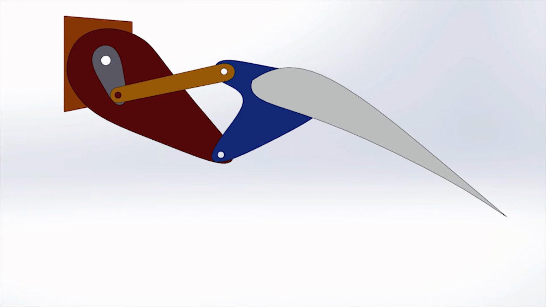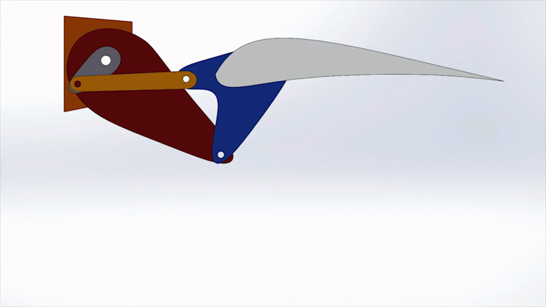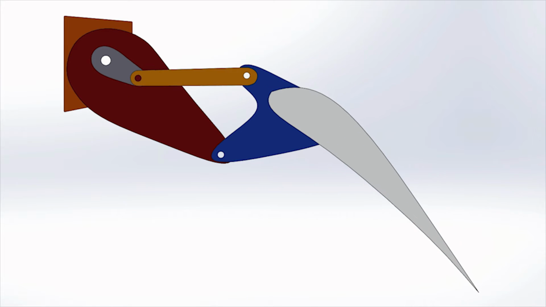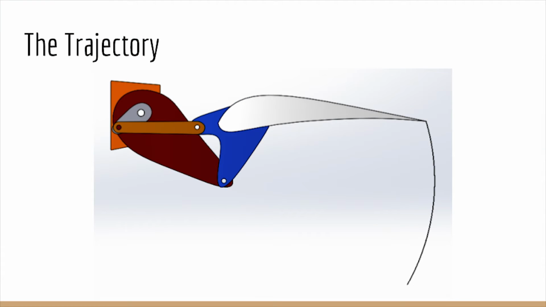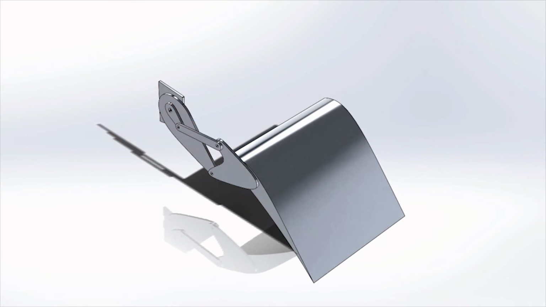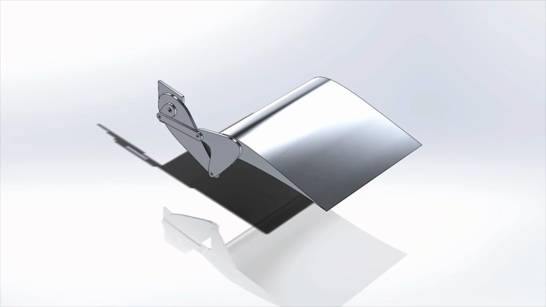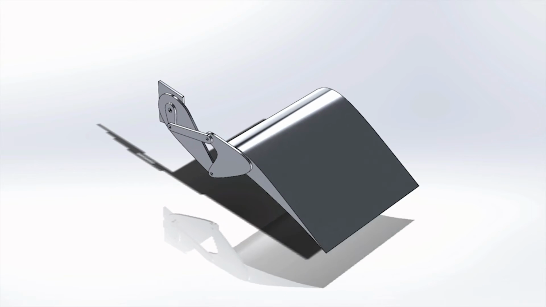Consequently, the aileron will move in a 43-degree range of motion. This is a simple illustration of the trajectory for the tip of the aileron within its 43-degree range of motion. Here we can see an isometric rendering of the aileron to demonstrate its three-dimensional movement.